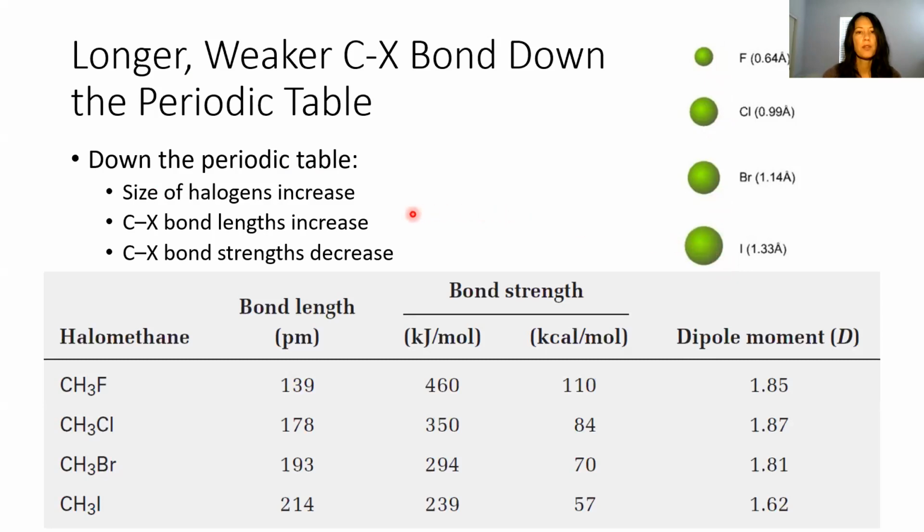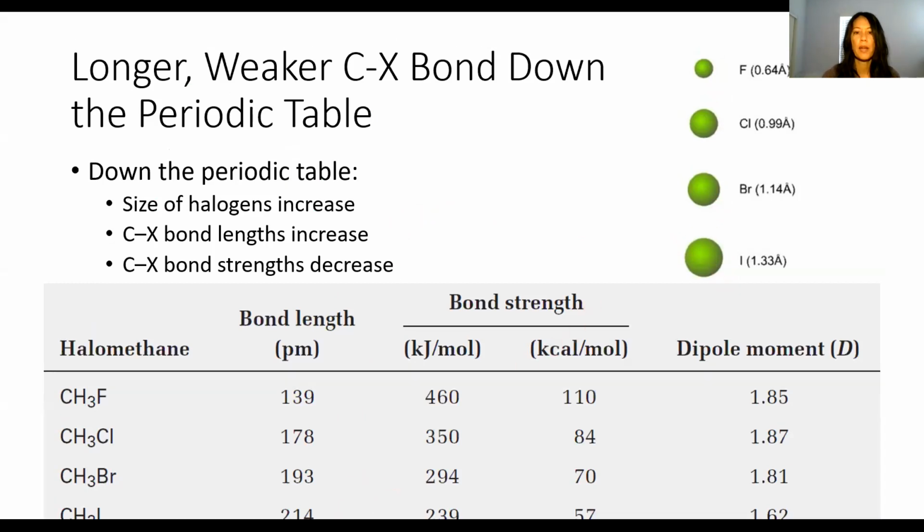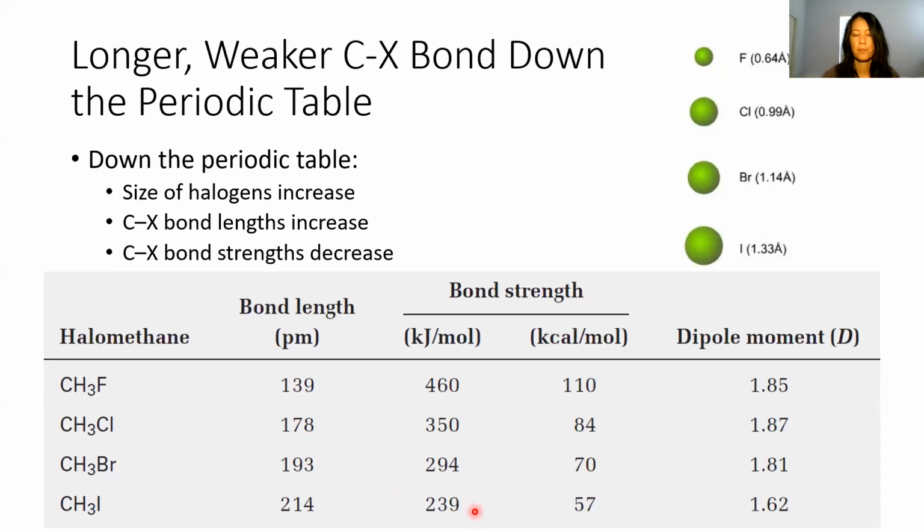So as we go down the periodic table, since the size of the halogens increases, the carbon-halogen bond length will increase as well. This is significant because if you have a longer bond, that's actually a weaker bond. So as we go down the periodic table, we see length increases, but bond strength will decrease.